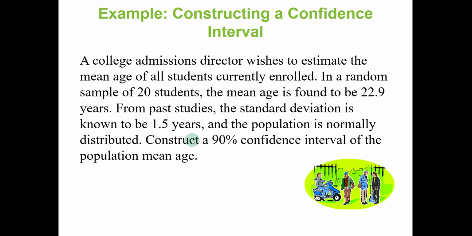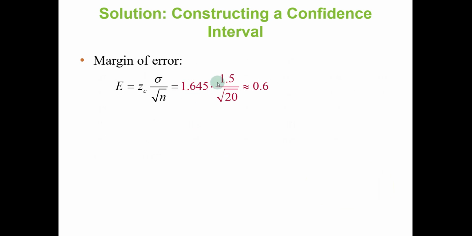Once you have that, you simply go to your table and look for the critical value, then plug it into that equation. Remember, your n is 20, standard deviation is 1.5, and the critical value is 1.64. In a subsequent video, I'm going to show you how we obtain these values.